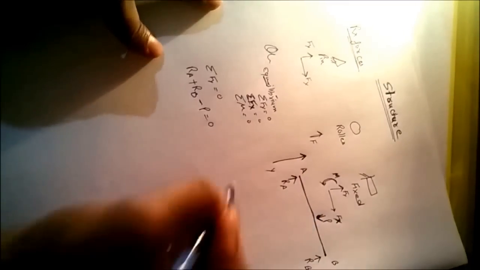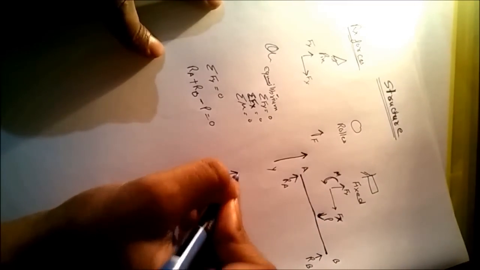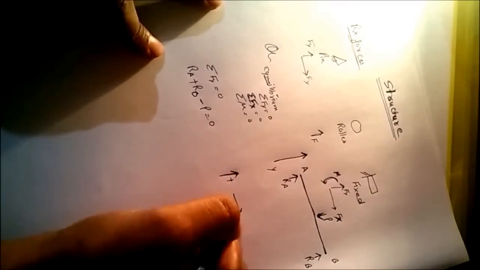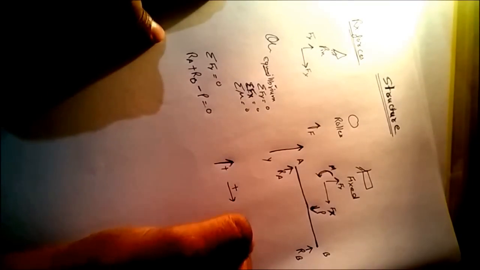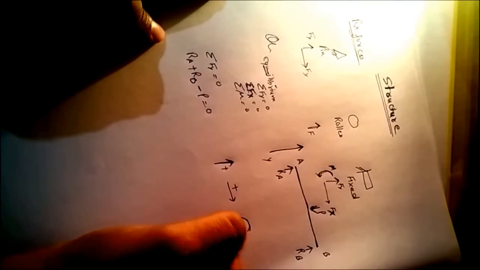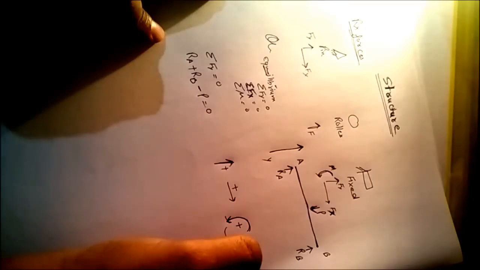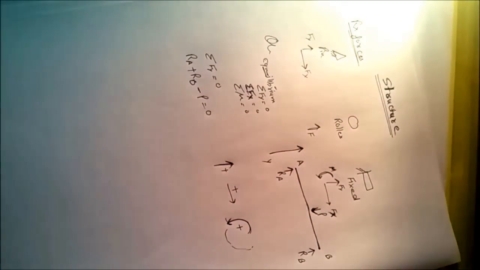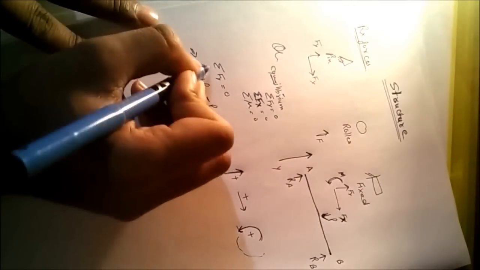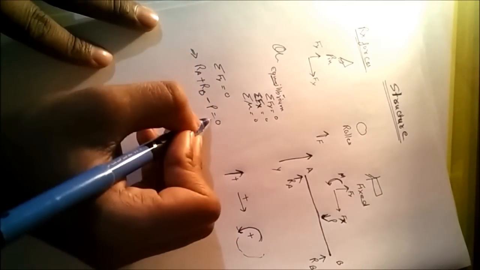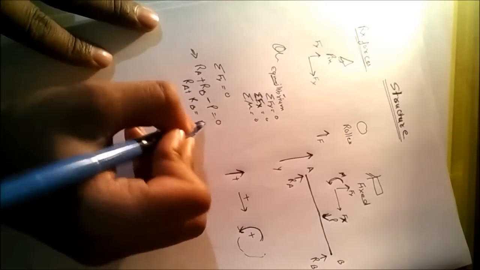Take your sign convention. We are going to take upward as positive. Moment in the clockwise direction we will take negative, anti-clockwise direction we will take positive. So from the first equation we will get Ra plus Rb is equal to P.